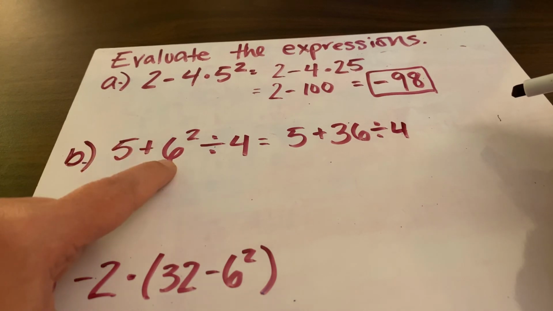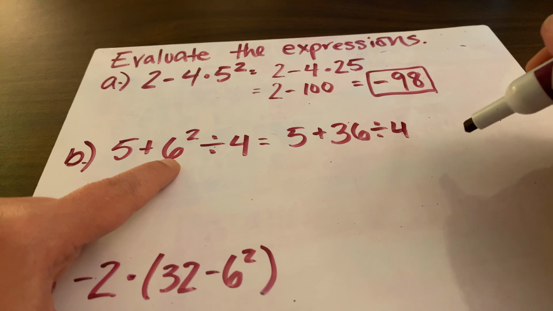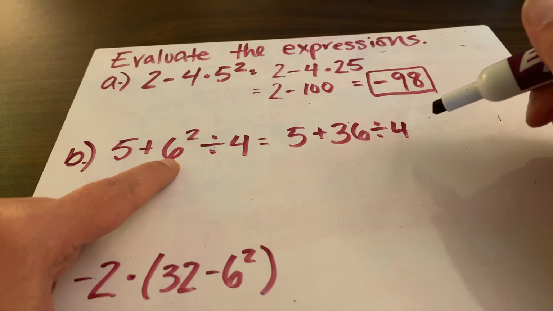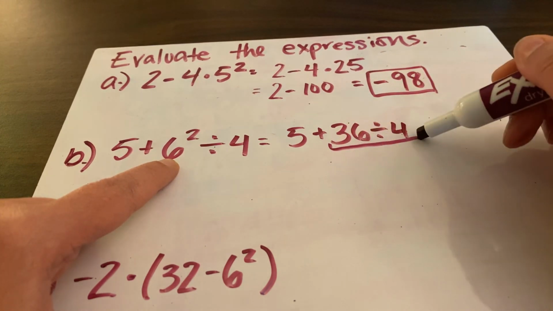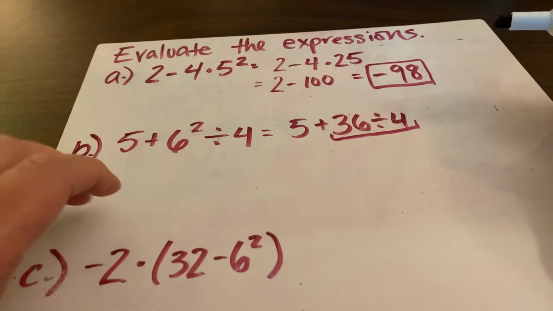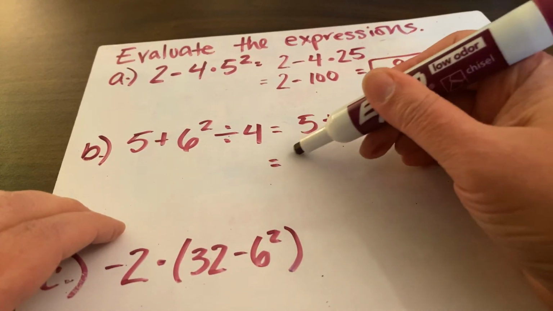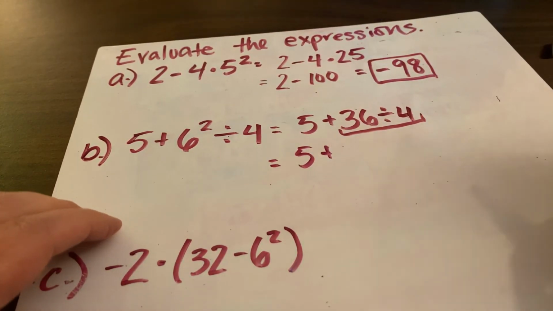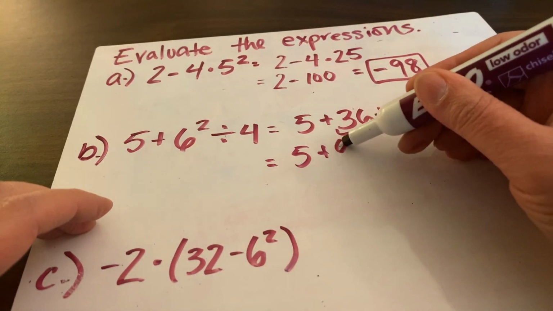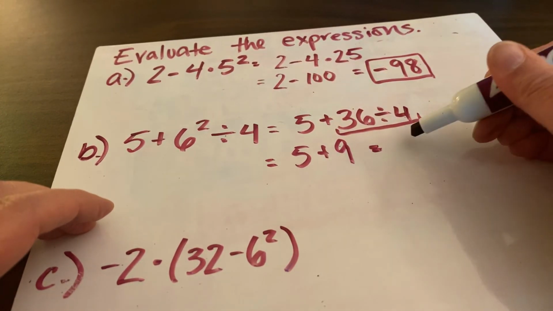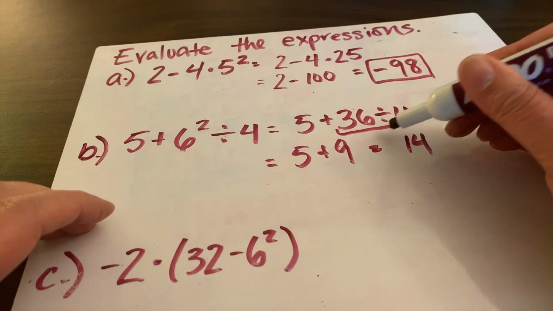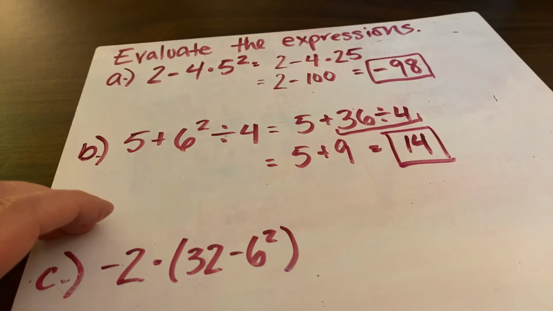So we dealt with the exponents. What is next? Multiplication and division. What's 36 divided by 4? 36 divided by 4 is 9. And 5 plus 9 is 14.